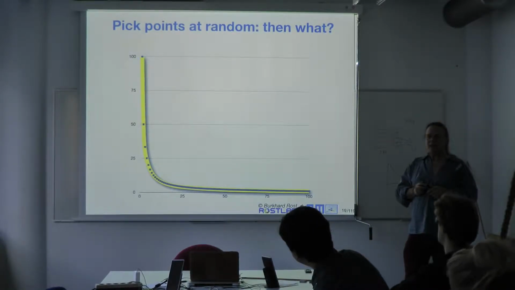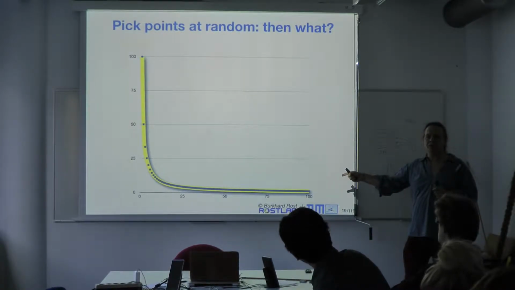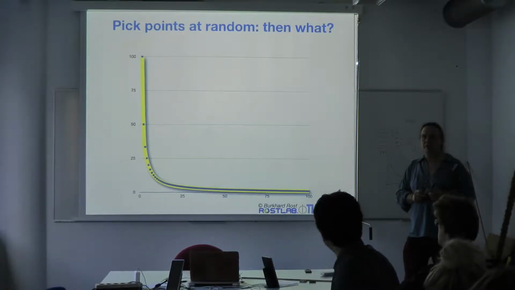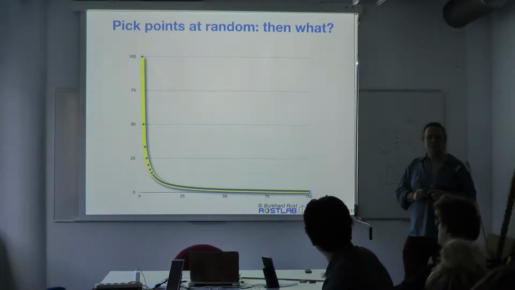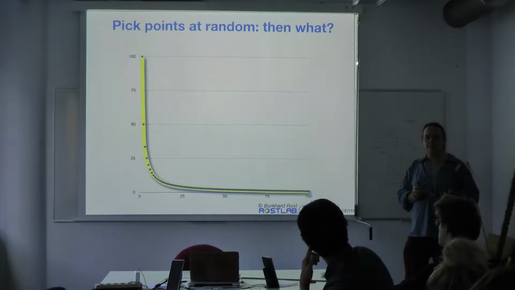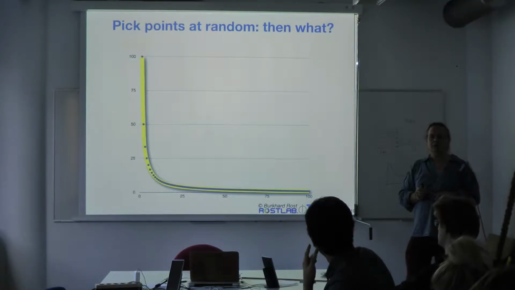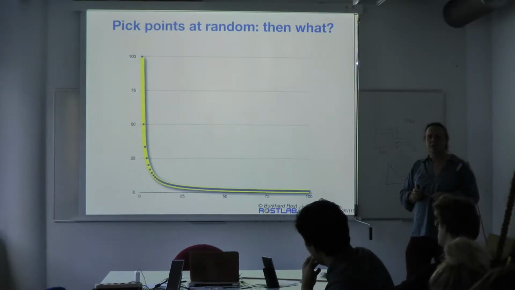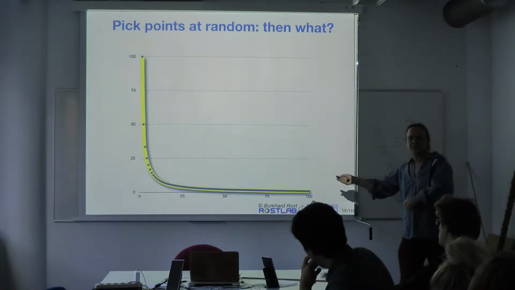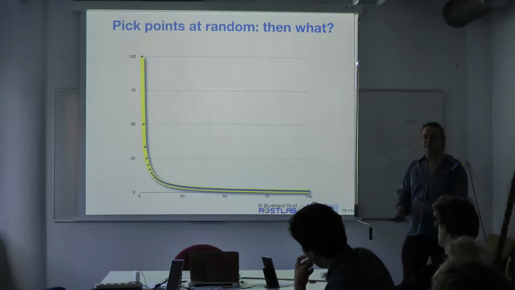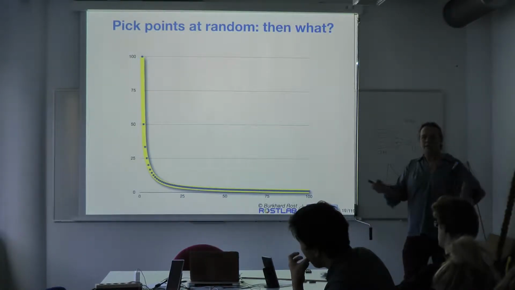Now, what will happen if you picked random points from a Zipf? What will be the distribution that originates from that? So I let you pick any number of points out of this Zipf distribution. So we take away, for instance, Shanghai or Tokyo. We take away all the biggest cities. Or you systematically take them away.